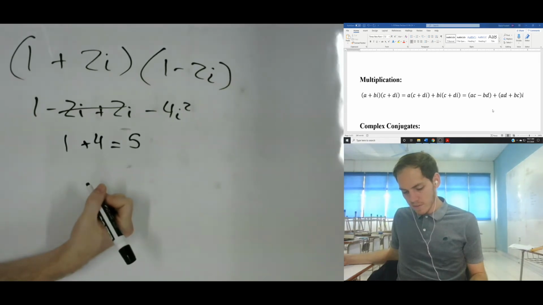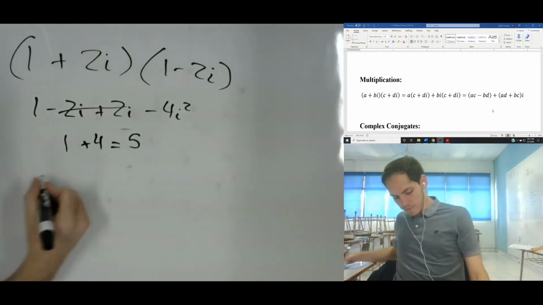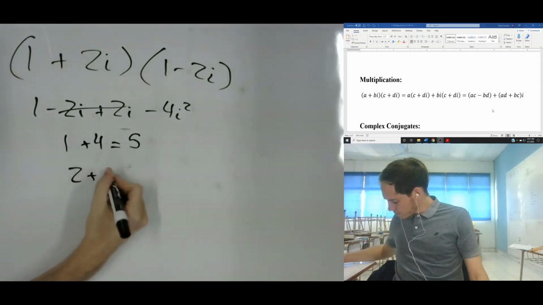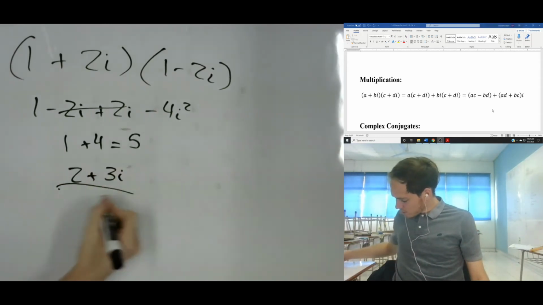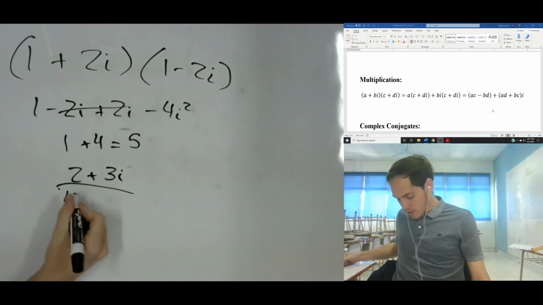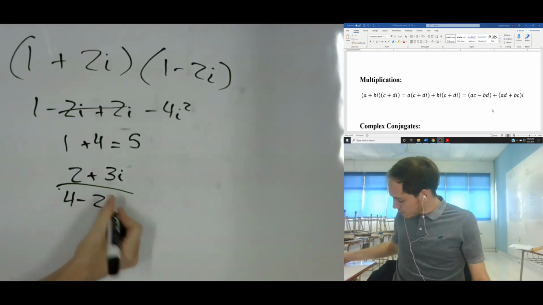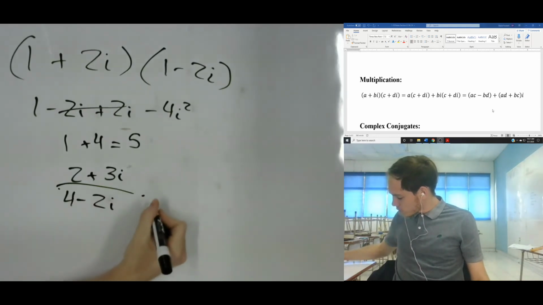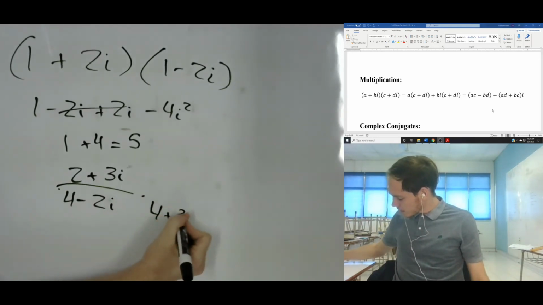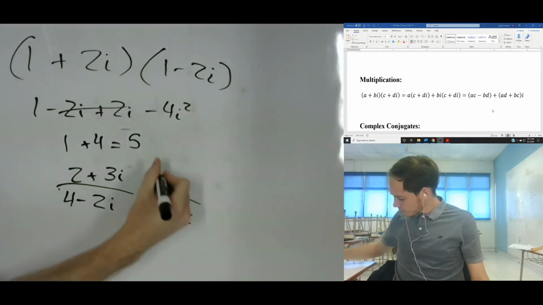Okay, if you are dividing by a complex number, this trips a lot of people up. You want to first multiply by the complex conjugate, both top and bottom.